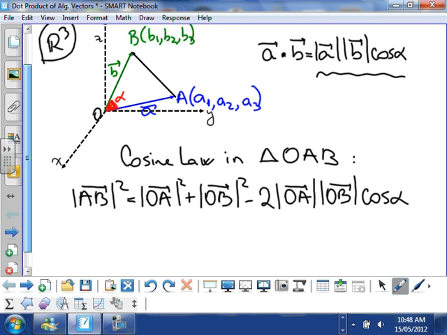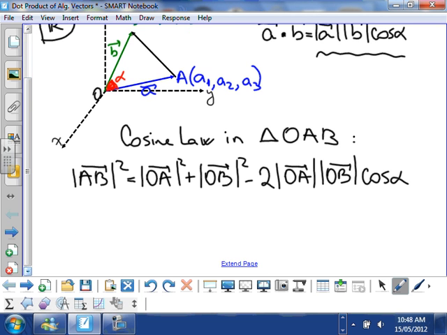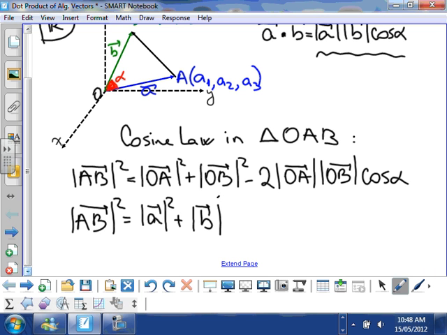Okay, so let's move on. Magnitude of AB, nothing I can do about it. My short name for OA is vector A, so magnitude A squared plus magnitude B squared minus 2 times magnitude of A, magnitude of B, cos alpha.